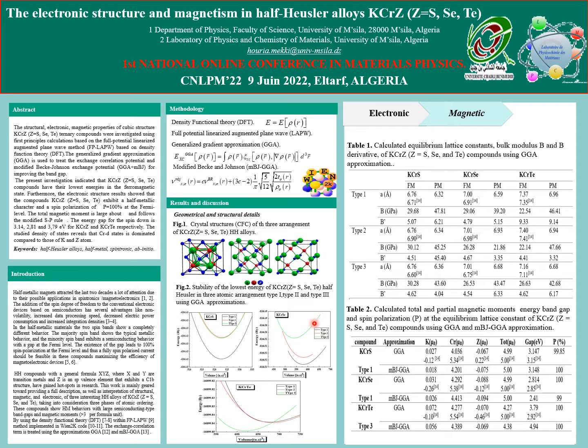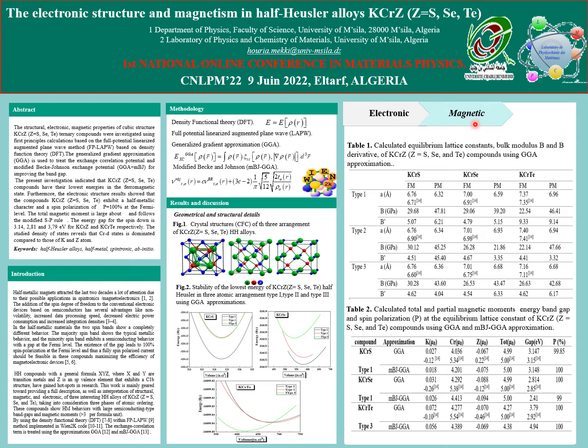As we can see here, both potassium chromium sulfur and potassium chromium selenium are more stable in the type 1 structure, while for potassium chromium tellurium, type 3 is the most stable.